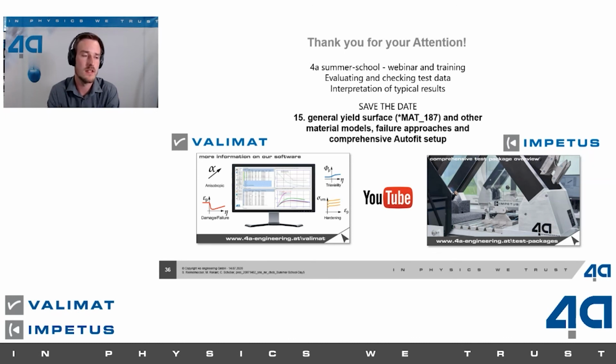Another question on the dynamic tensile test is whether we can measure a volumetric strain with our system. I have to say that we do not measure volumetric strain directly, because we are using a 2D DIC system.